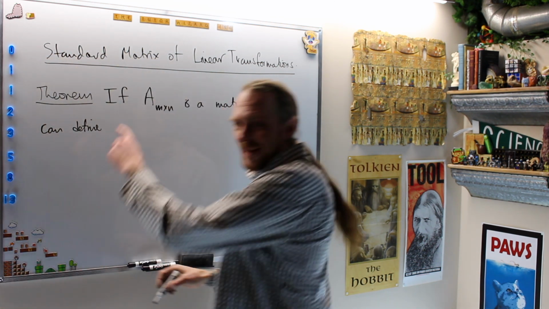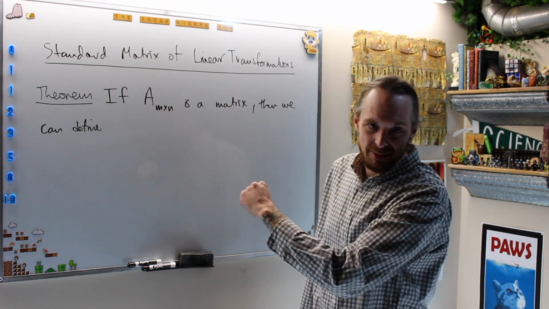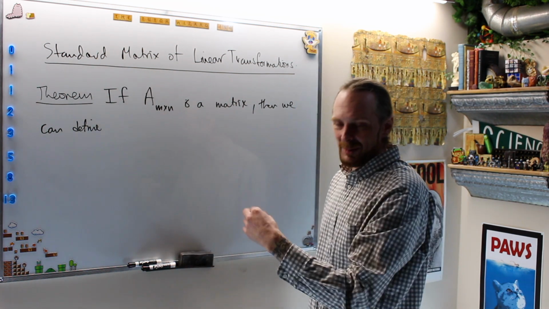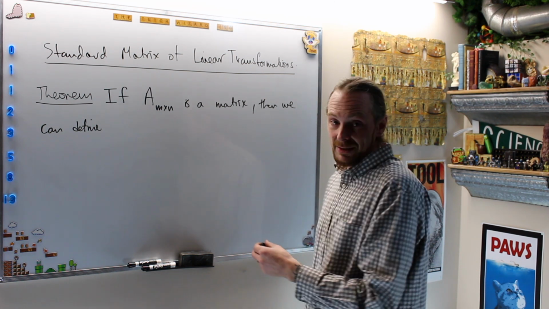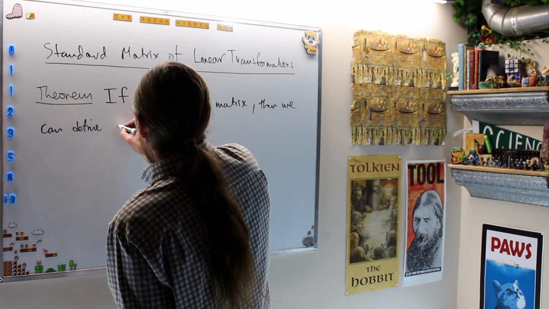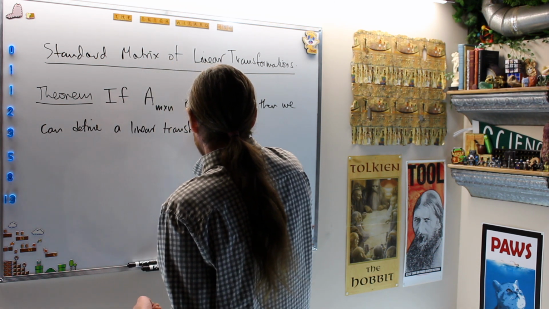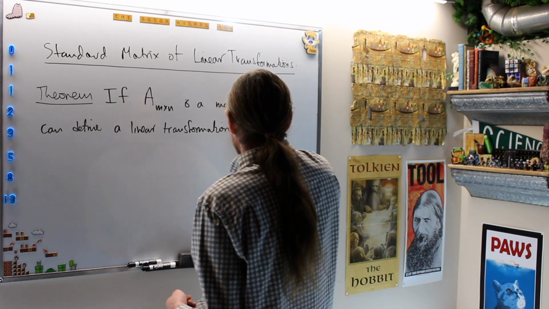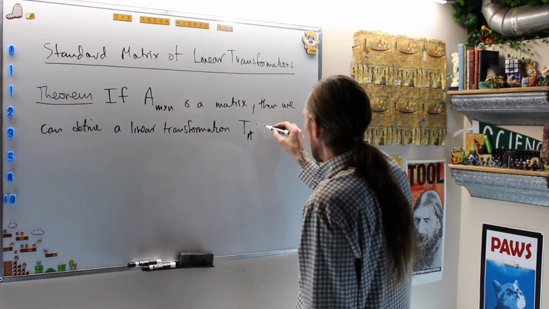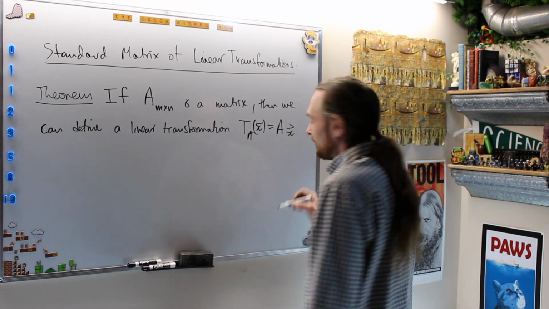The part we have to prove in the theorem is that this T actually is a linear operator, and it is. Matrix multiplication satisfies these linearity conditions.